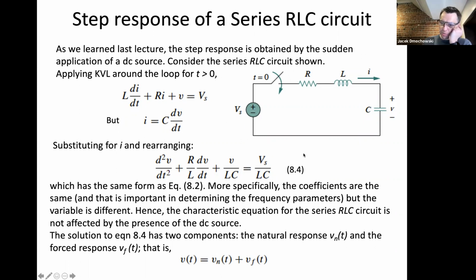And the natural response is the response of the RLC to just the transient, basically, just the switch between battery disconnected to battery connected. So this natural response is a transient response, only true for a short amount of time, whereas the forced response is true all the time.